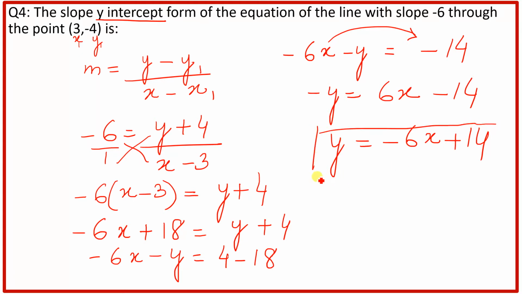This is the requirement. If you look at your MCQs, it is D. D is the answer. In your book you will find y is equal to -6x plus 14. So for the slope y-intercept form, you have to solve this for y.